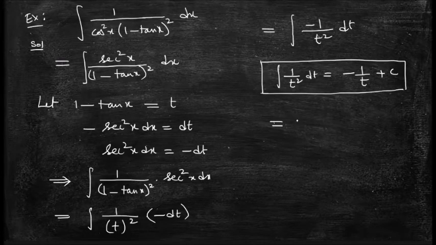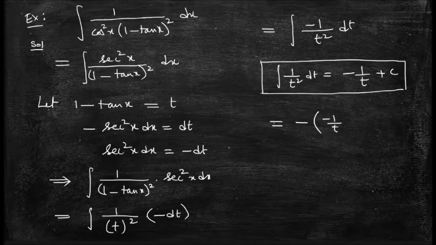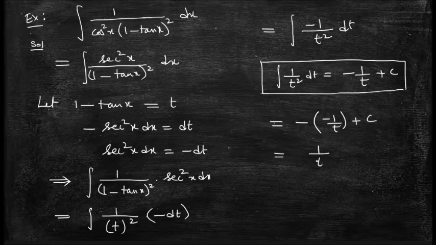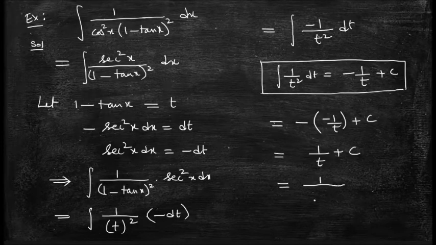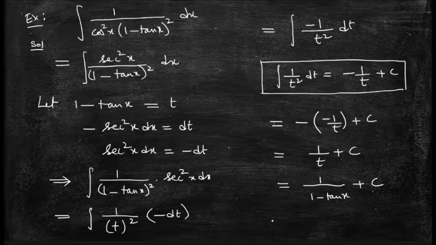So in this problem, minus is already there. Minus of minus 1 by t is 1 by t plus c. What is t supposed? 1 by 1 minus tan x plus c. Hope you have understood this problem, right?